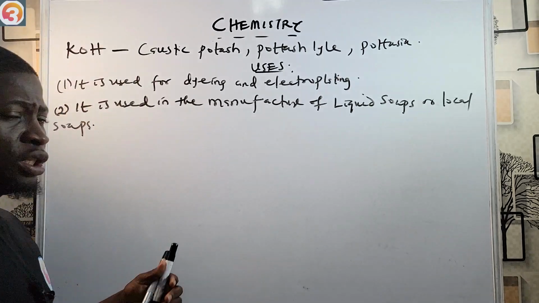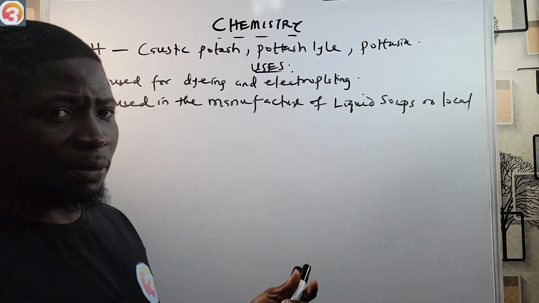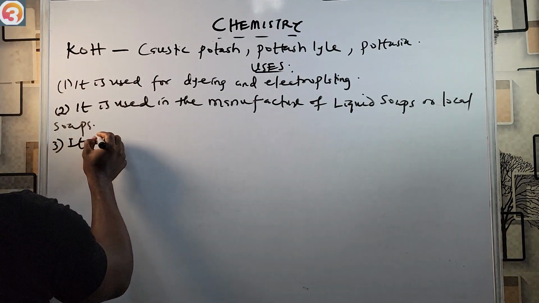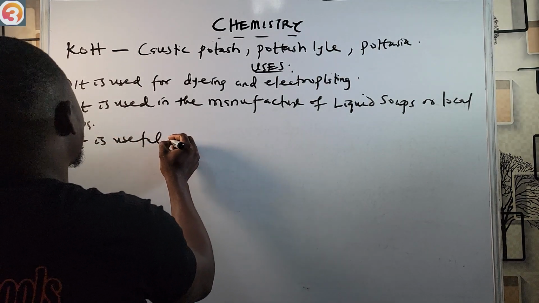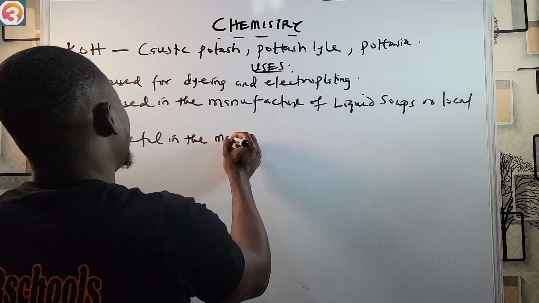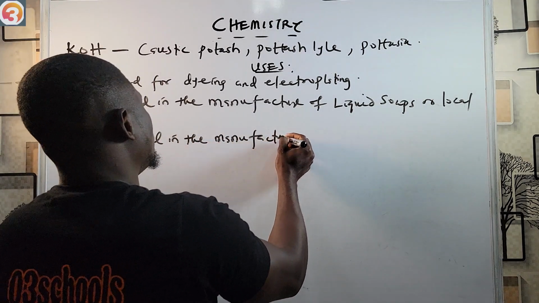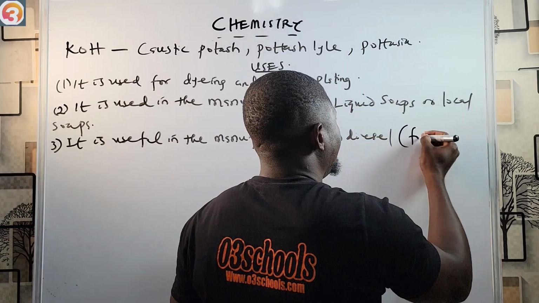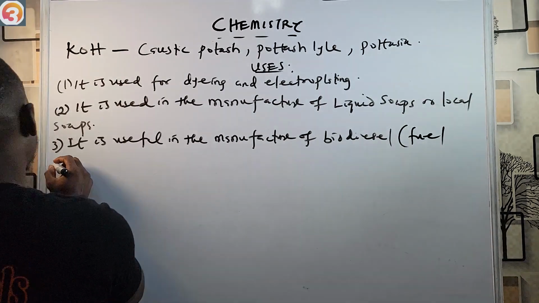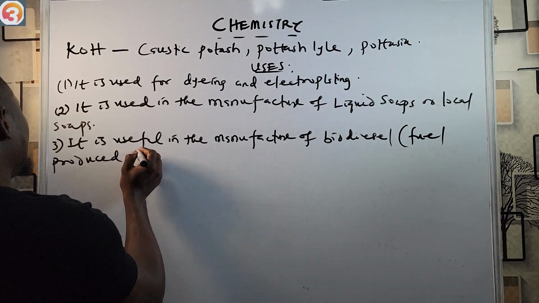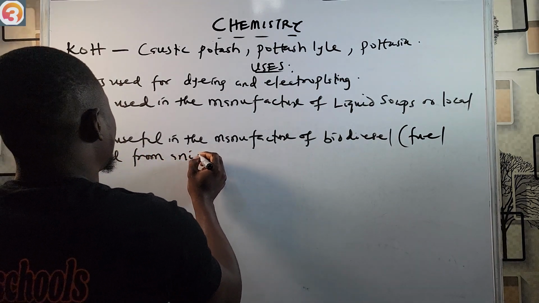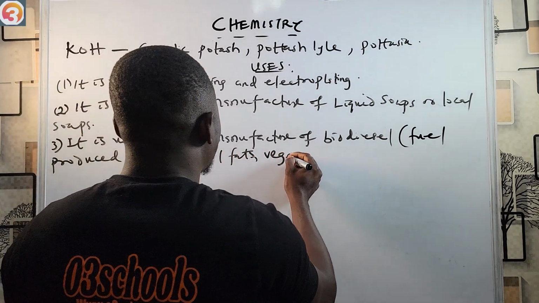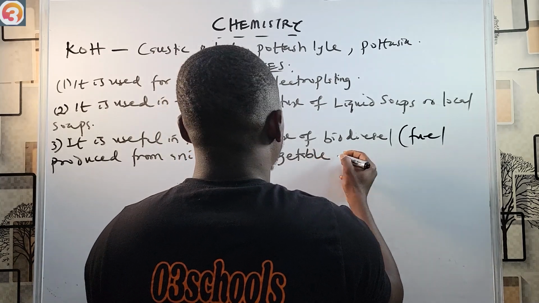It's also useful in the manufacture of biodiesel. Number three, it is useful in the manufacture of biodiesel, fuel produced from animal fats or vegetable oils.